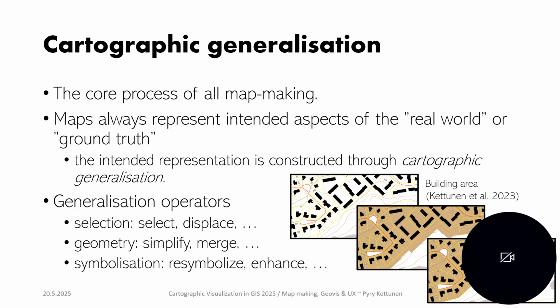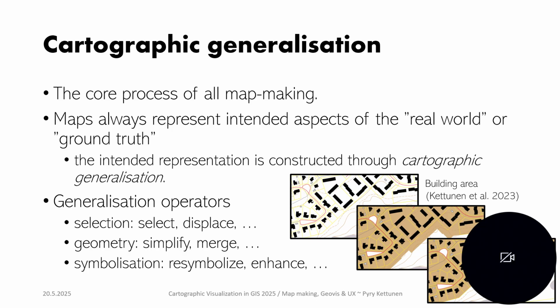Okay, then one slide about cartographic generalization, as it is a very core process of all map making. Maps always represent some intended and purposefully chosen aspects of the real world, or ground truth, as that can be called as well.